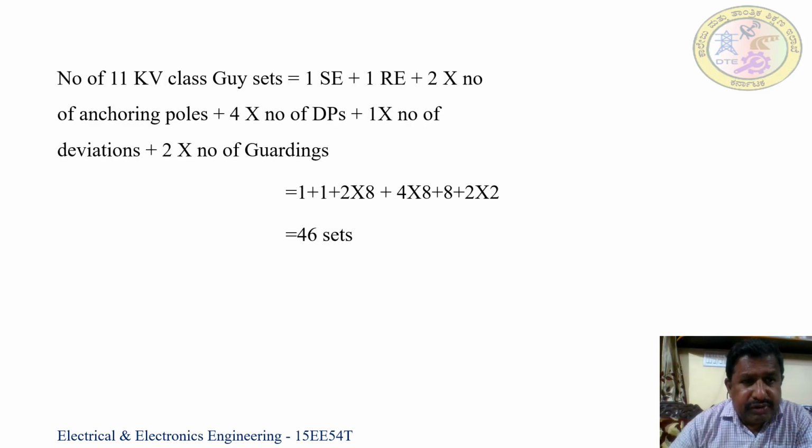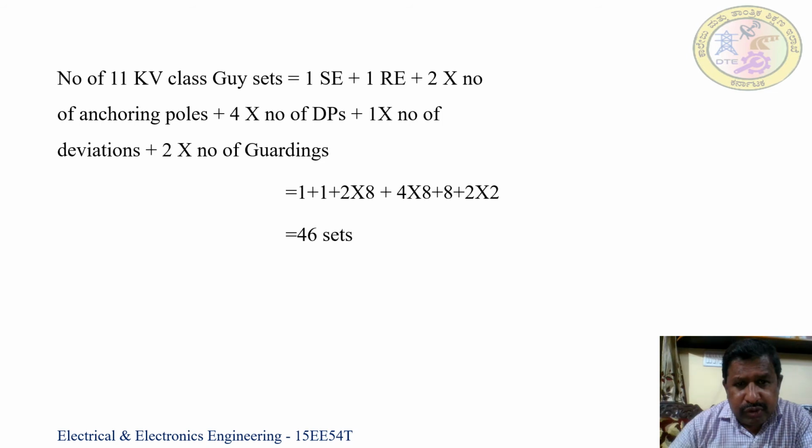Then next item is number of 11 kV class stay sets, including all its accessories, that is stay wire, stay rod, stay plate, stay tightener. All these materials should be included in the stay set.